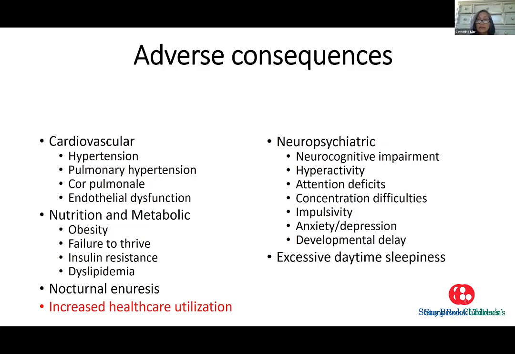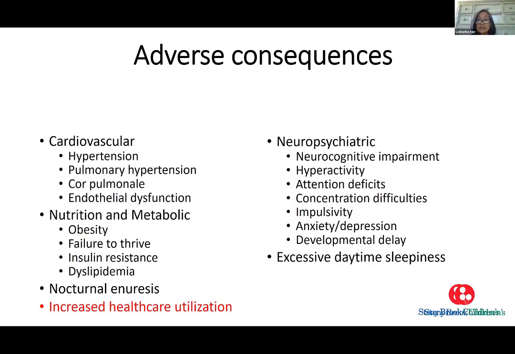In nutrition and metabolic, you can see that there's a spectrum. A patient could be on the obese side, or as a consequence would have poor weight gain and failure to thrive. And then associated with sleep are also the metabolic syndrome derangements like insulin resistance and dyslipidemia.